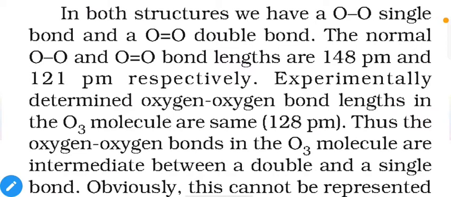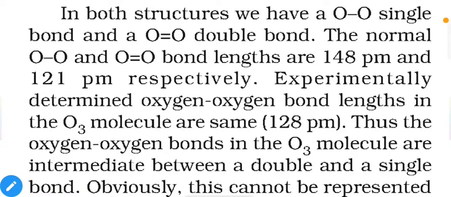So in both structures we have oxygen-oxygen single and double bonds. Normal single and double bond lengths are 148 and 121. The experimentally determined oxygen-oxygen bond length is 128 in O3.